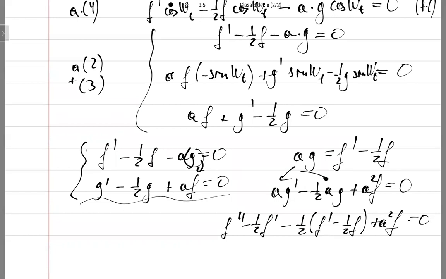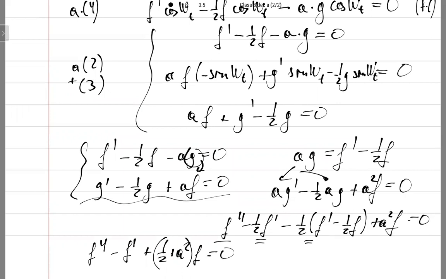What else do I have? I have f double prime minus f prime plus 1 over 2 f equals to 0.